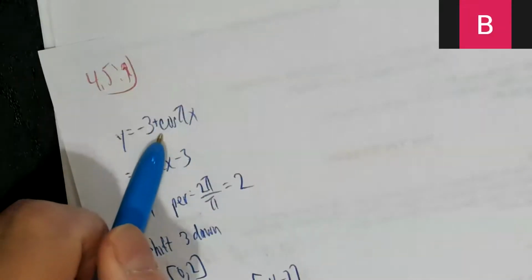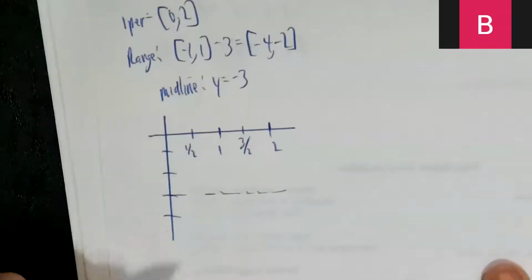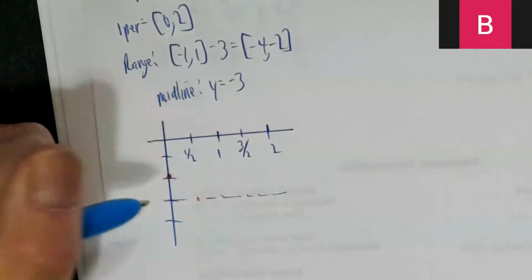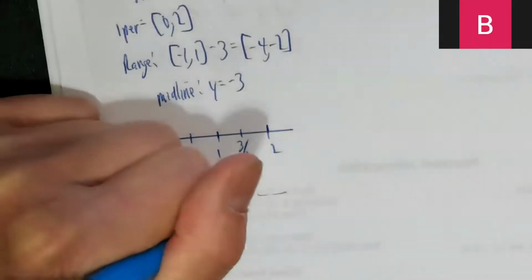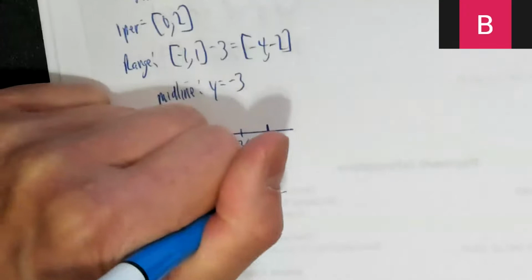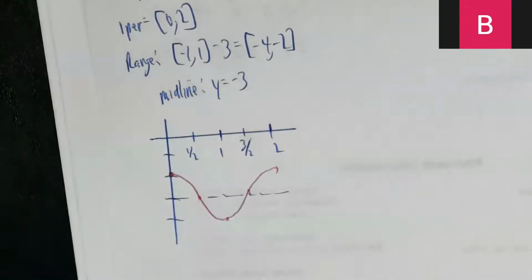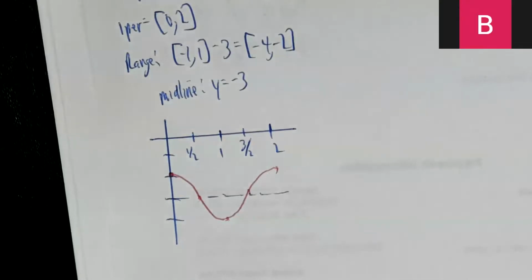And I'm doing cosine. There's no negative in front of the cosine. So cosine goes maximum, midline, minimum, midline, maximum. That should do it.